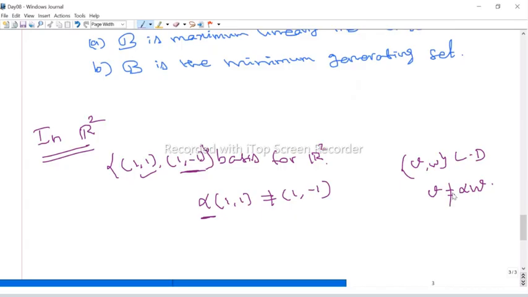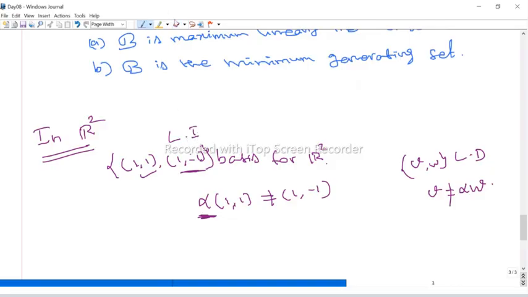Here, clearly (1, -1) cannot be written as a scalar multiple of (1, 1). We cannot find any scalar such that the product is equal to it. It is not linearly dependent, therefore it's linearly independent.